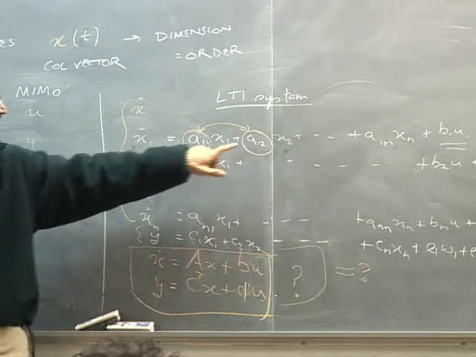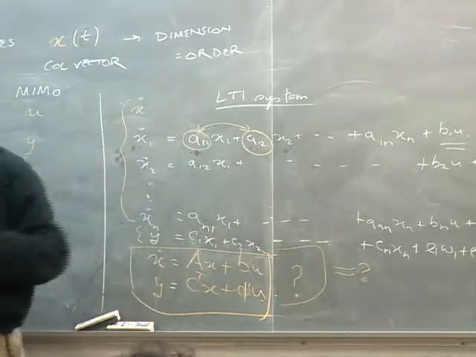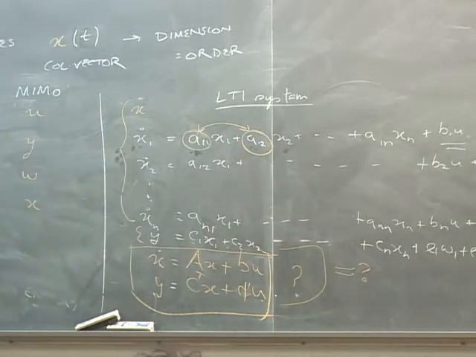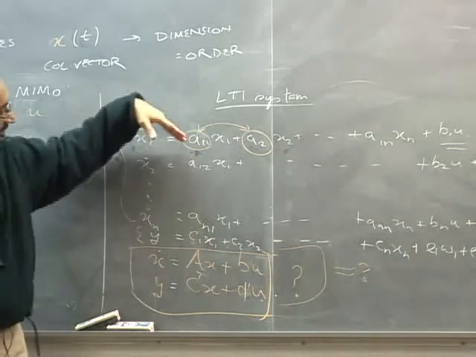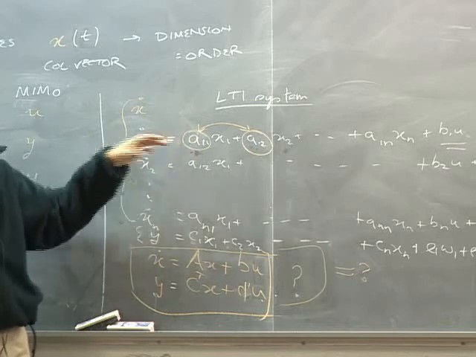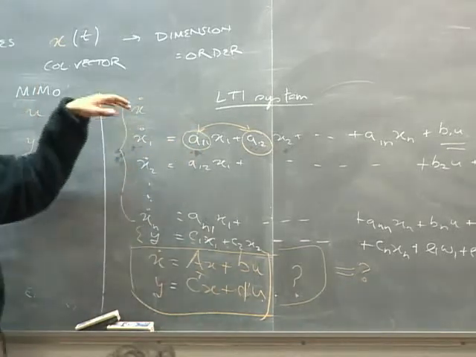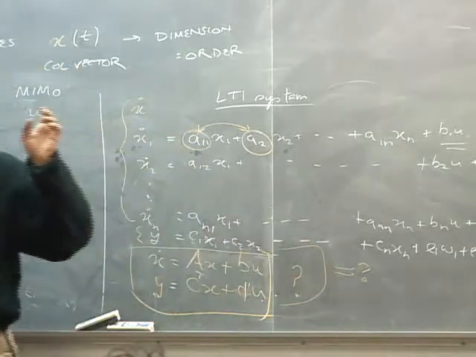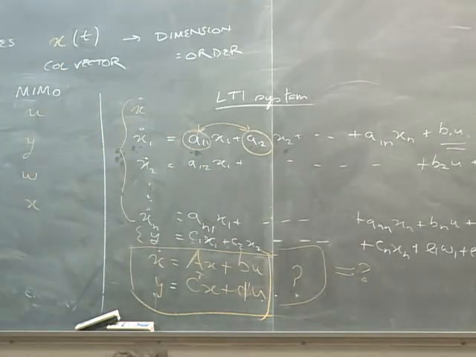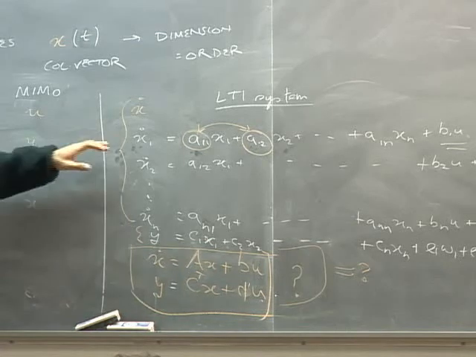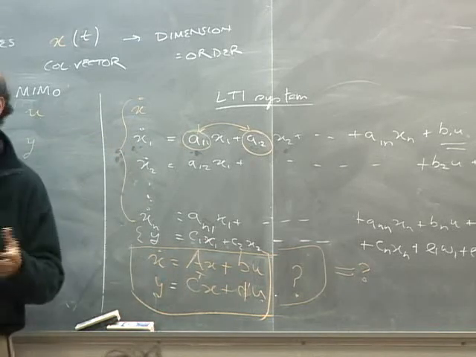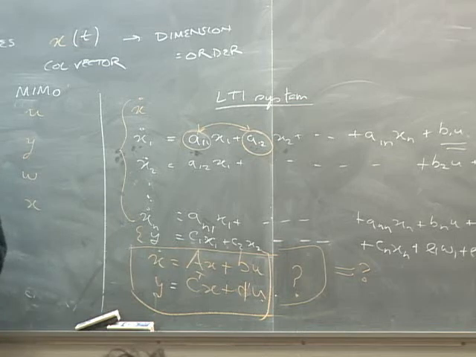So this term is how x2 influences x1. If you look at the matrix, the terms which are the self-evolution of the state are the diagonal terms. So if you have a matrix with only diagonal elements, then each state element evolves independently of the others. We'll call that a decoupled system.